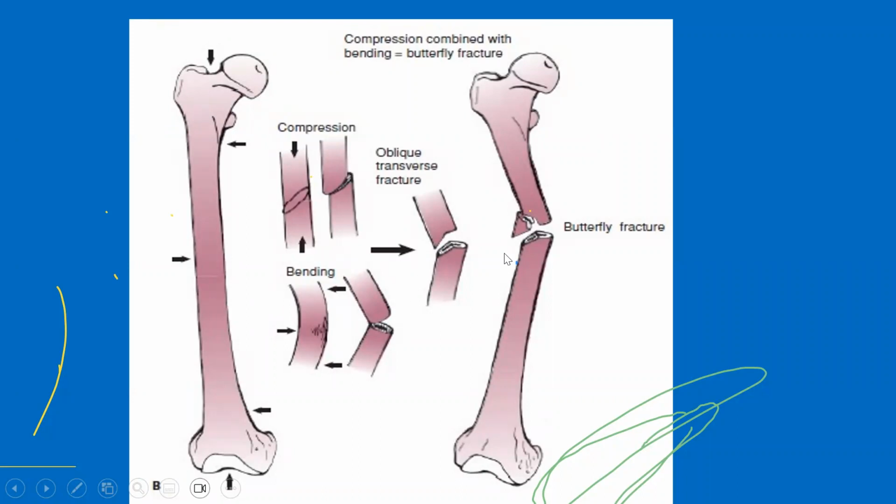On the other hand, you can have a butterfly fragment where the tension force is converted to a compression force, resulting in a butterfly fragment. On the other hand, if you have a twisting motion, you'll end up having a spiral or a more or less oblique fracture.